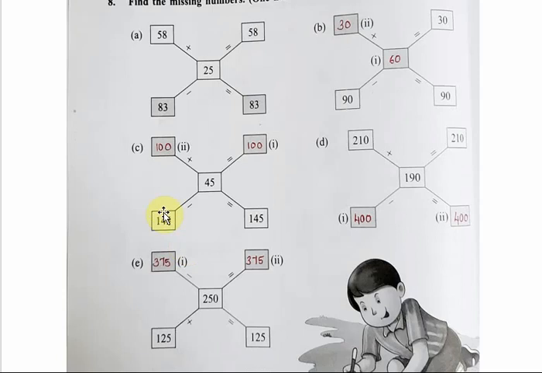Here, next question. Dash plus 45 is equal to 145, and 145 minus 45 is equal to dash. So we can start from here. 145 minus 45. How much is 145 minus 45? It is 100. Okay.